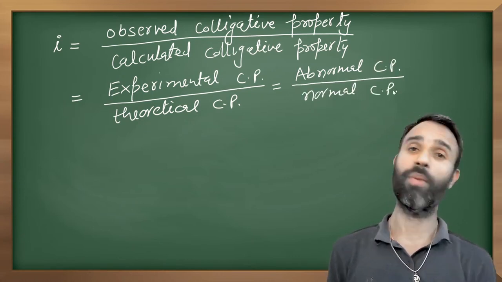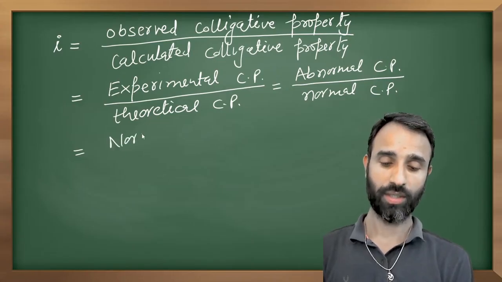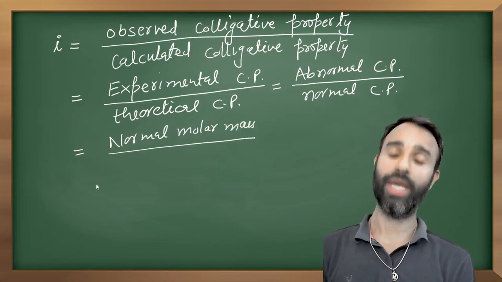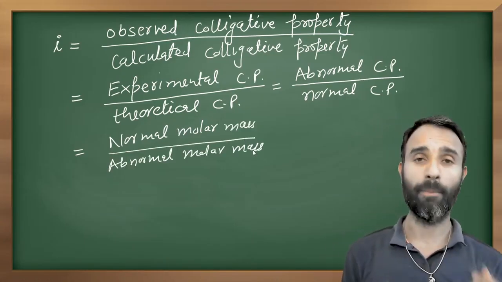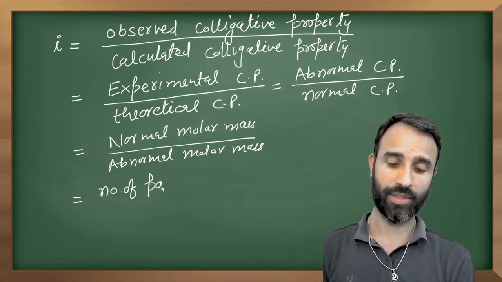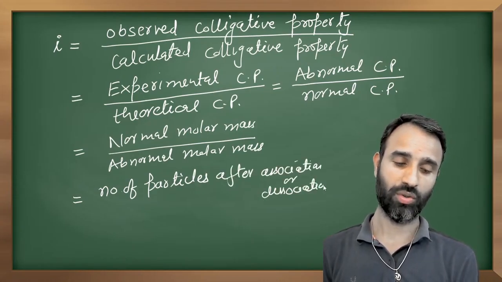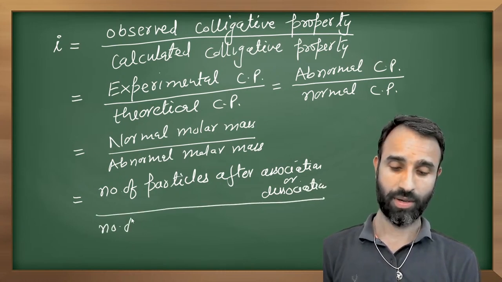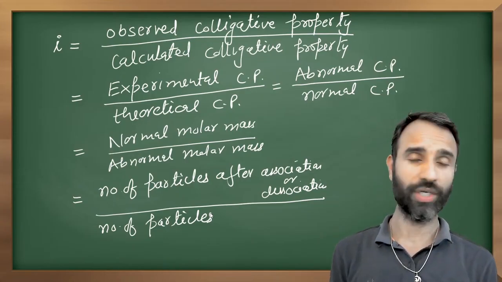normal colligative property. Or in terms of molar mass, it is just the inverse, that is normal molar mass divided by abnormal molar mass. Or in terms of number of particles, it is defined as number of particles after association or dissociation divided by number of particles before association or dissociation, irrespective of its nature.